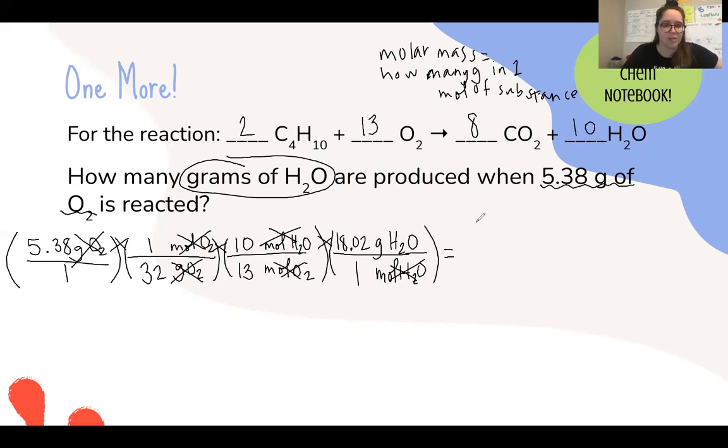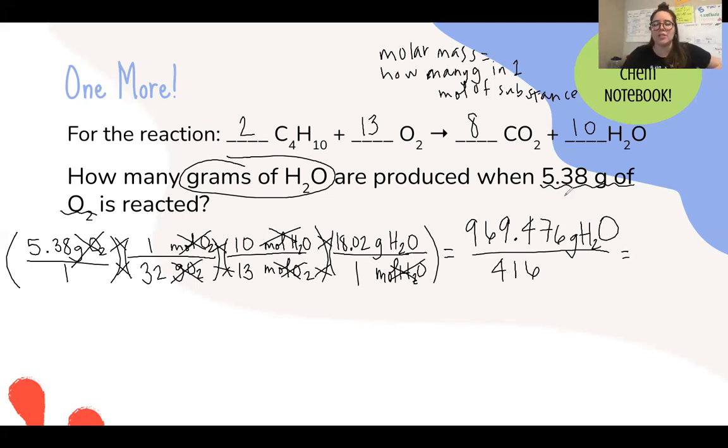So I'm going to write a whole bunch of numbers down. 969.476 grams of H2O over, now we multiply all the way across the bottom, we get 1 times 32 times 13 times 1, we get 416.